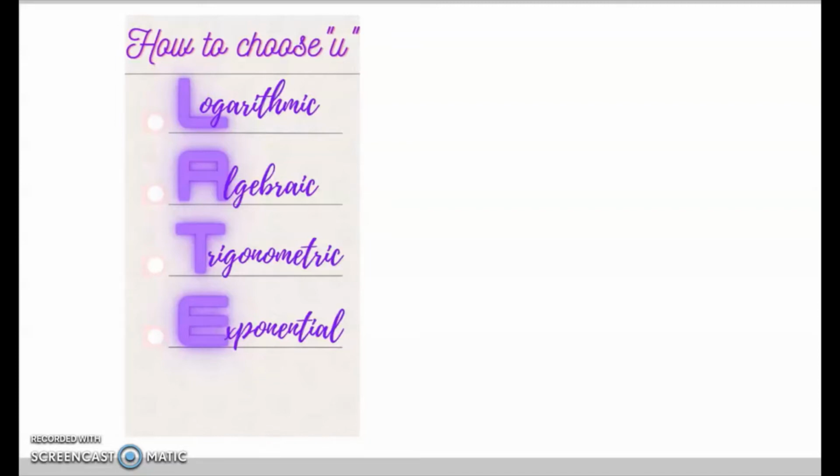For example, earlier, if you remember, we had the integral x sine x dx. So this is the integral of the product of x and sine x with respect to x, right? So x here is an algebraic term, while sine x is a trigonometric term, right?